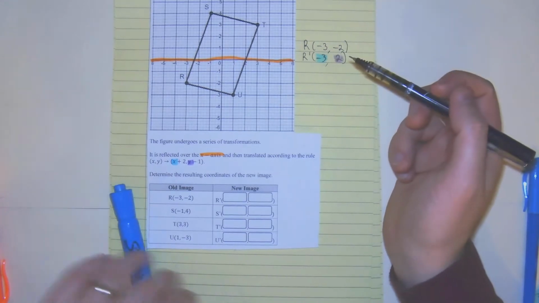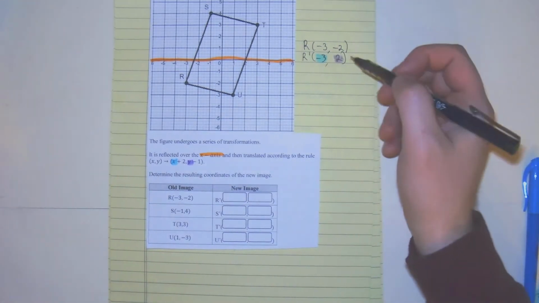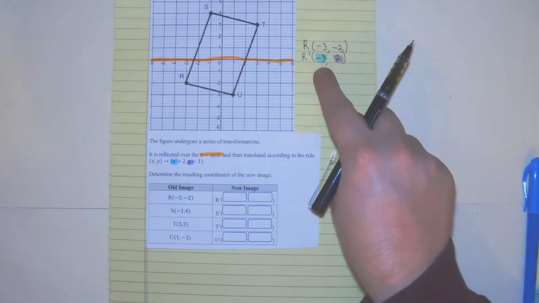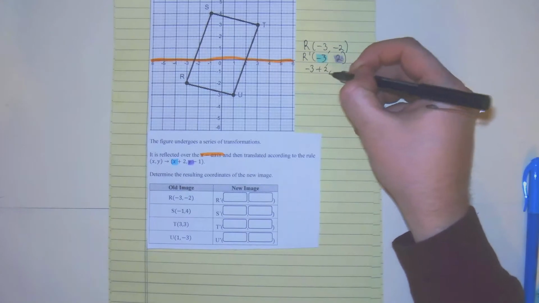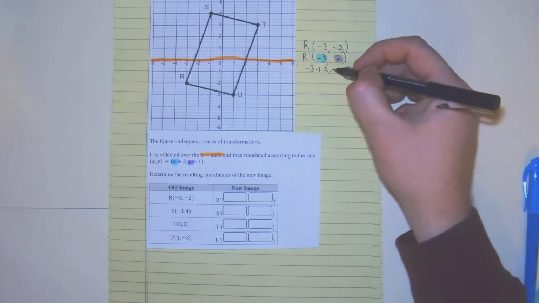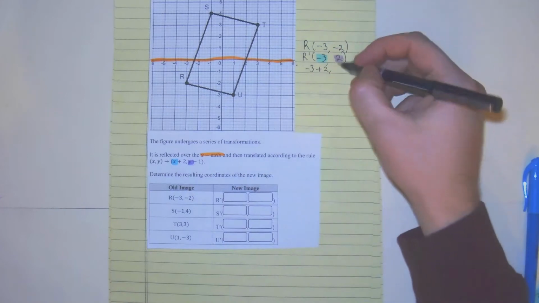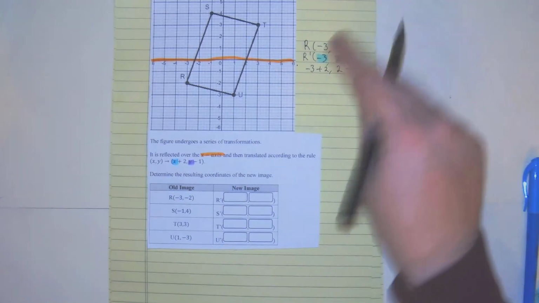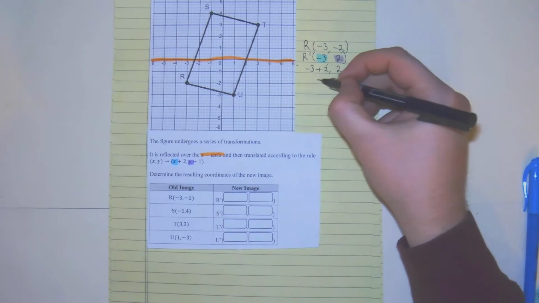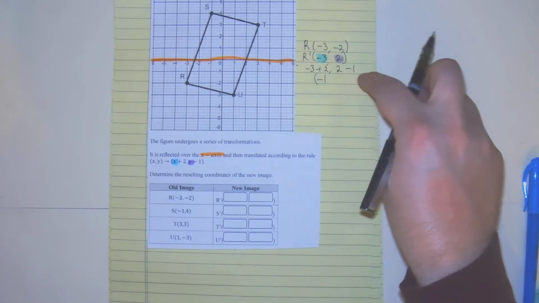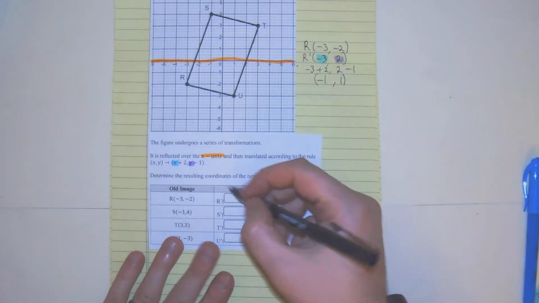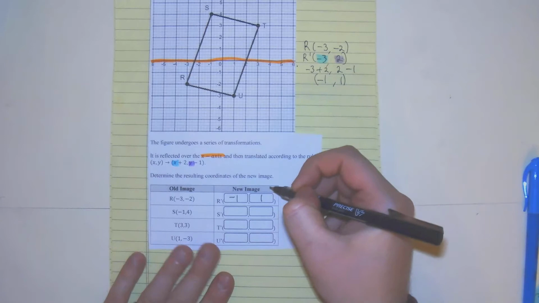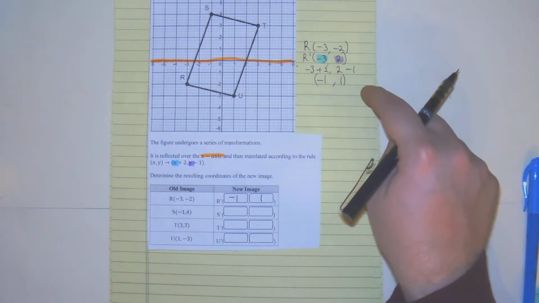So first we're going to plug the -3 into that, so we get -3 plus 2, comma, and then we'll have 2 minus 1. So -3 plus 2 would become -1, and then 2 minus 1 becomes 1. So our first point, R, will be (-1, 1). And we're going to do this again, but with a little more haste, with S, T, and U.